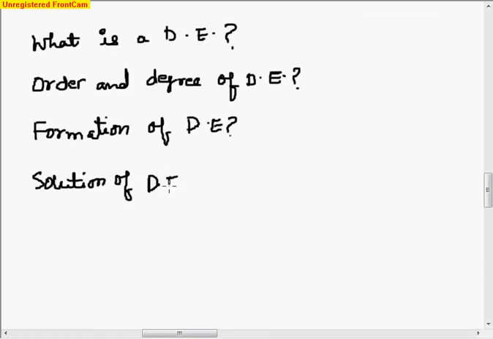While solving, we started with differential equations of order 1 and degree 1.